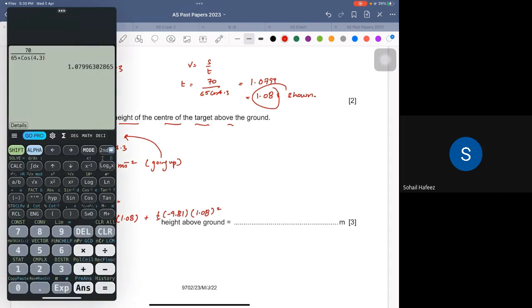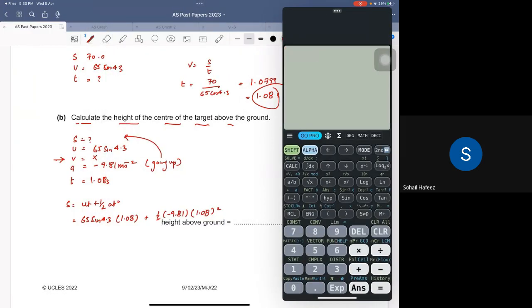So let's try to do this. 65 sine 4.3 times 1.08 plus 0.5 times negative 9.81 times 1.08 whole squared.